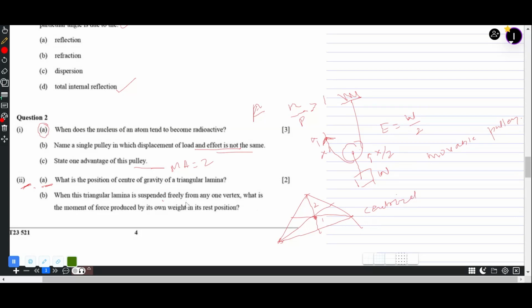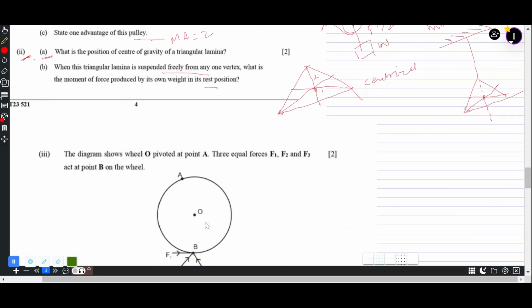What happens when it is suspended freely? So when it is suspended freely, center of gravity falls in line with the thread, okay, and it balances out in that direction, okay, so nothing happens. It will move till the center of gravity falls directly under the thread, right, so this thing is clear.